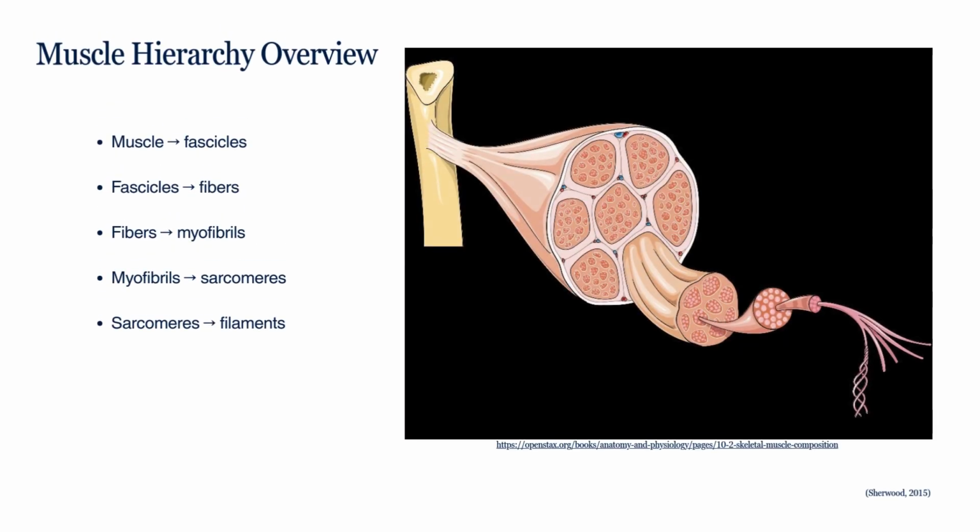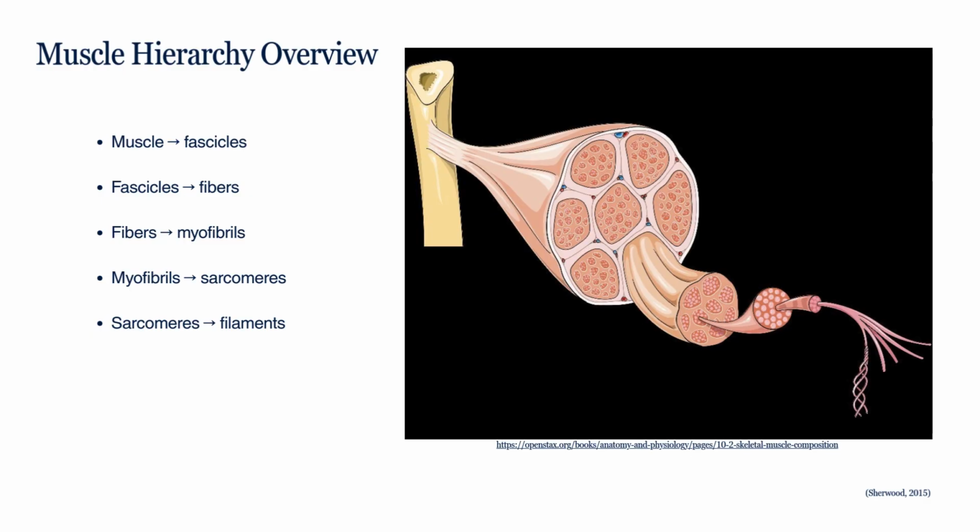When we look at the organization of skeletal muscle, it follows a very specific hierarchy. Whole muscles are divided into bundles called fascicles. Each fascicle contains many individual muscle fibers. Inside each muscle fiber are thousands of myofibrils, and each myofibril contains sarcomeres arranged end to end.